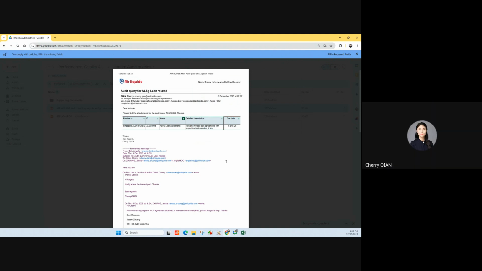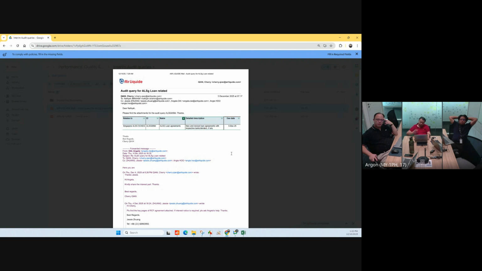The loan is under which catalog? I can't remember, but overall, the drawdown and all is going to be managed by GPS. So logically, it would make sense that we have access to the loan agreements as well, right?